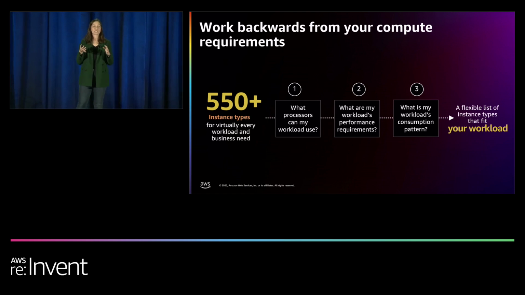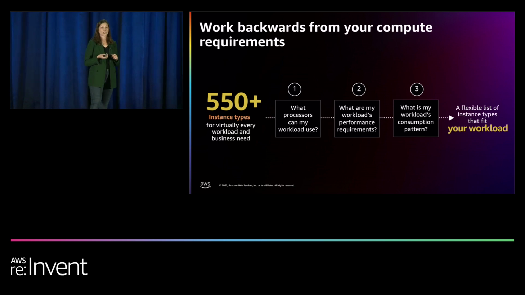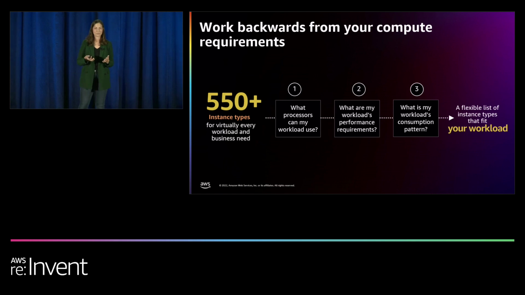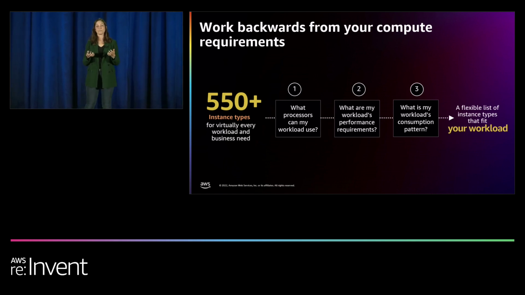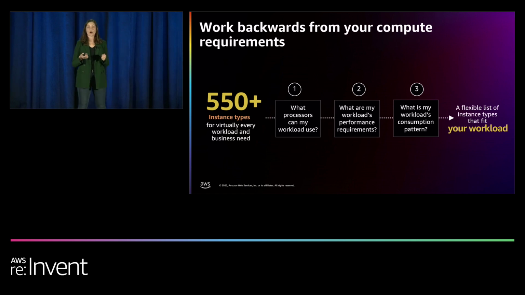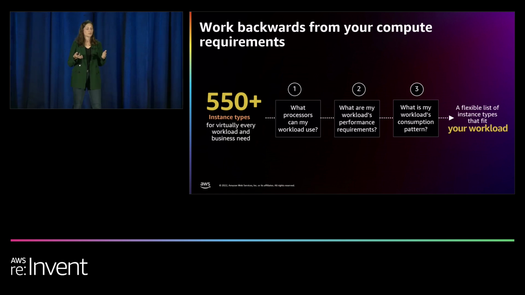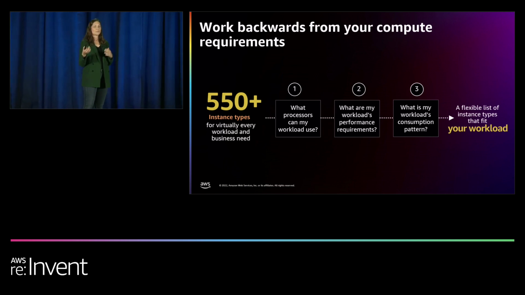So the process of selecting instances starts from answering these 3 questions. Number 1, what processor can your workload use? That means you need to understand the software stack of your application and whether you can take advantage of ARM processors. Number 2, what are your workload's performance requirements? What is the minimal amount of CPU and memory that you need, or anything else, accelerated computing, for example?